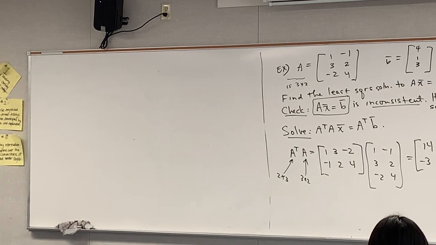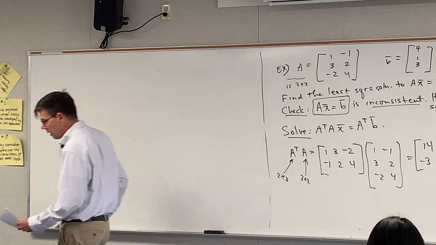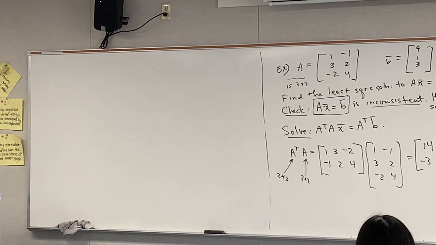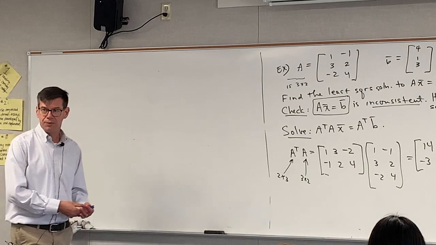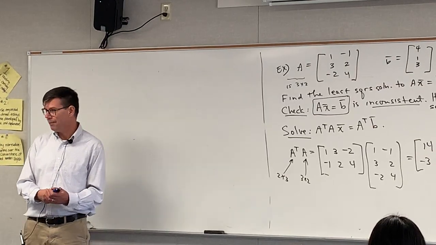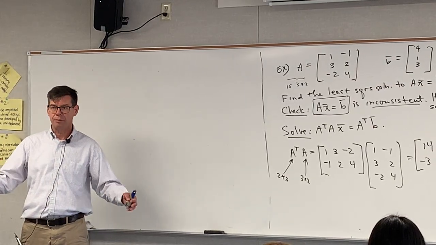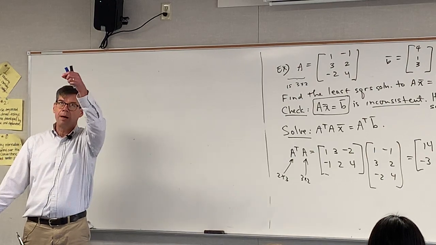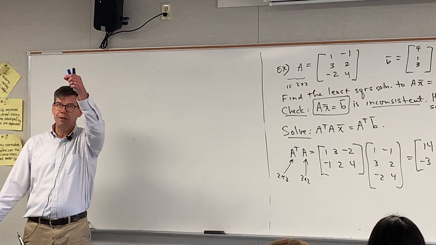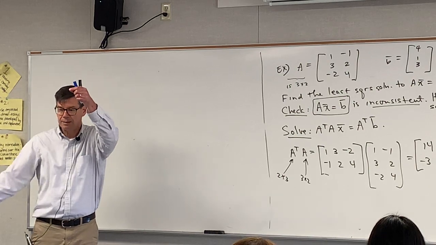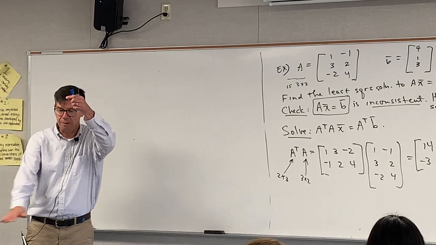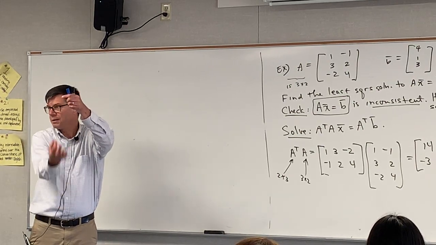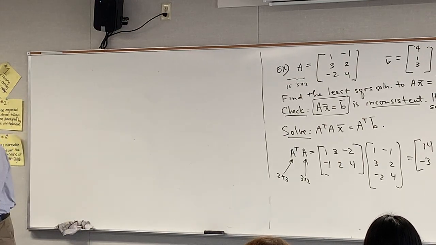Or you're minimizing the distance between the b and all the vectors in the column space of A. It's an optimization situation, and there's no calculus involved. So I think it's interesting how there's no derivatives being set equal to 0. It's just geometry. You turn a problem into a geometric situation where you have a given point and a subspace, and your solution is just going to be the closest point in the subspace to the given point that minimizes that distance.